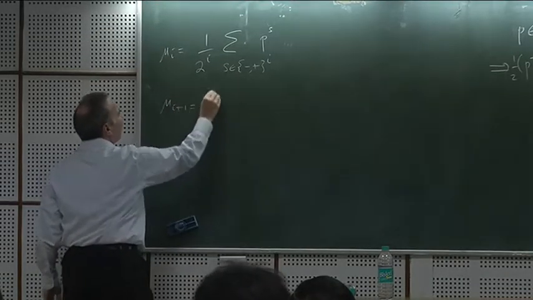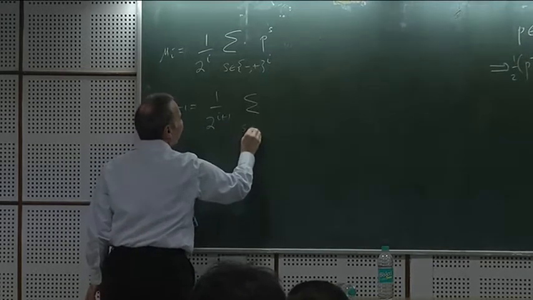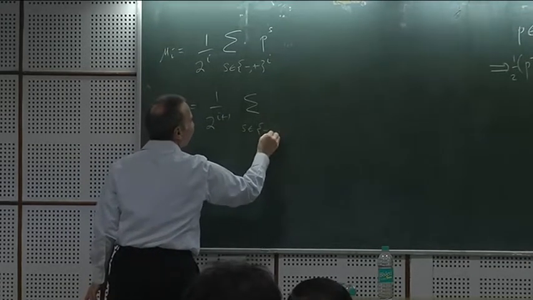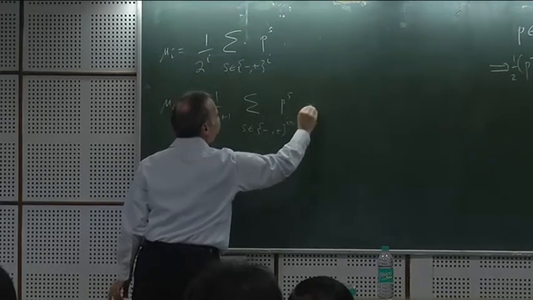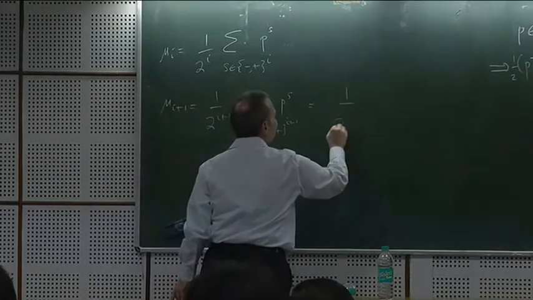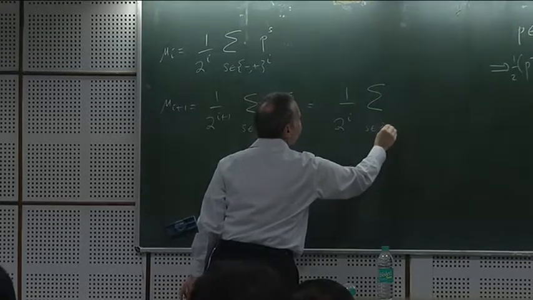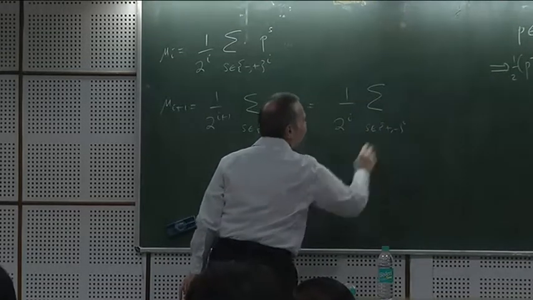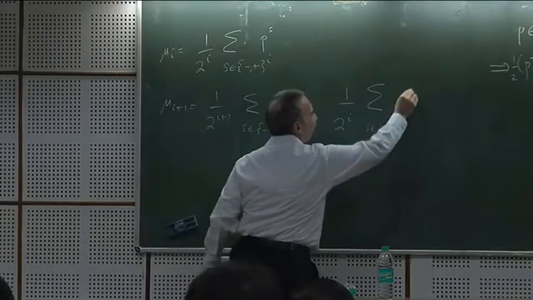So we just said the following thing. mu I plus 1 is 1 over 2 to the I plus 1, and the S is going over minus and plus to the I, P to the S. You can write it in the following way. I can say this is 1 over 2 to the I, S going over plus and minus to the I. I'm missing a 2 here.